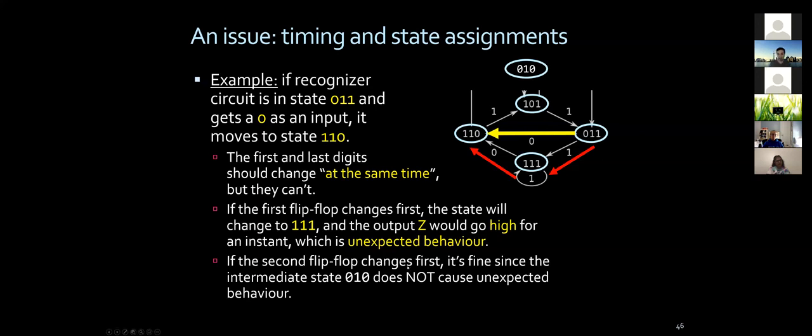So if the second flip-flop changes first, we were planning to go from here to here. If the first bit changes first, I go here, and that's a problem. But if I go into 0, 1, 0 and jump here, it's fine, because this intermediate state does not cause unexpected behavior. It doesn't lead to a trigger in the output.